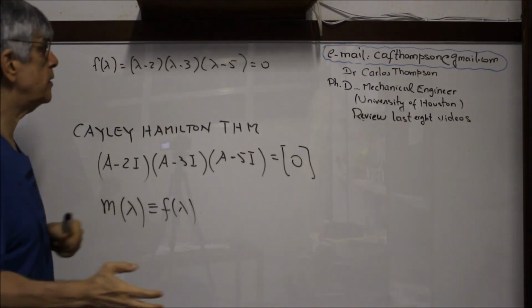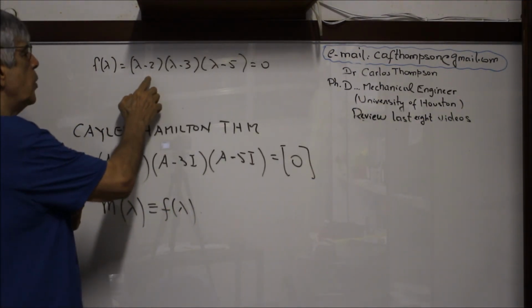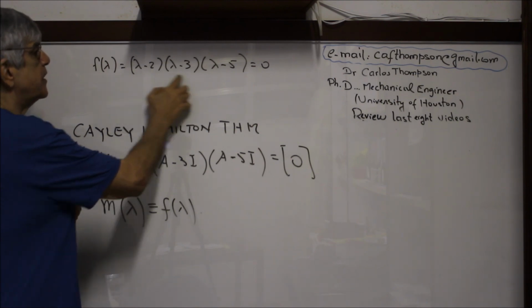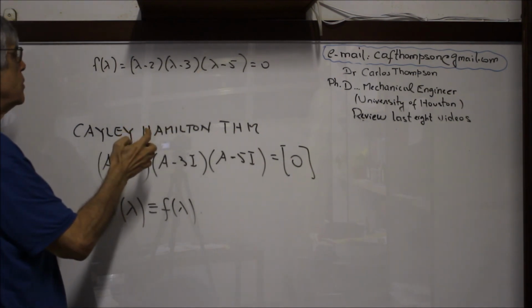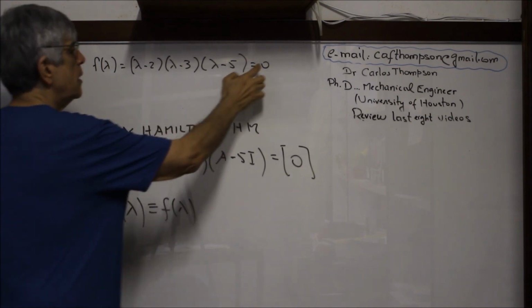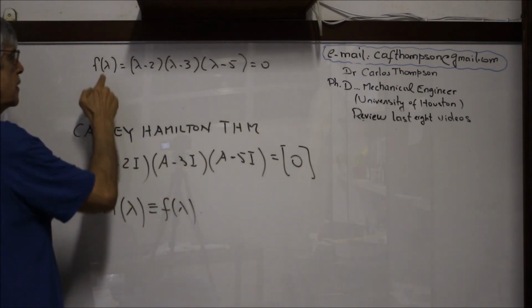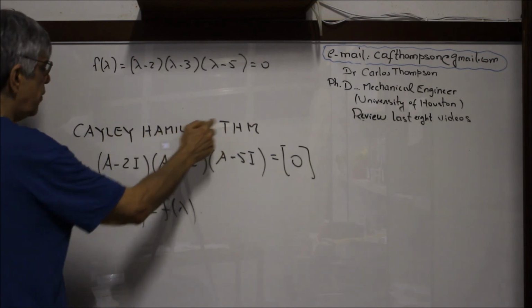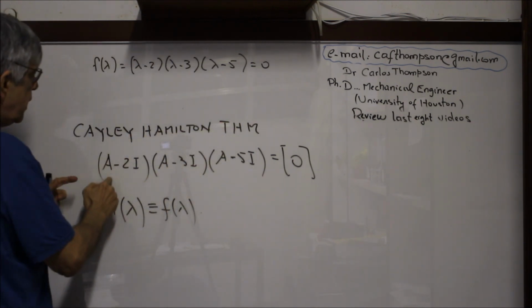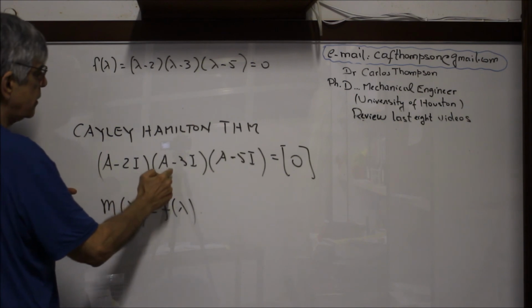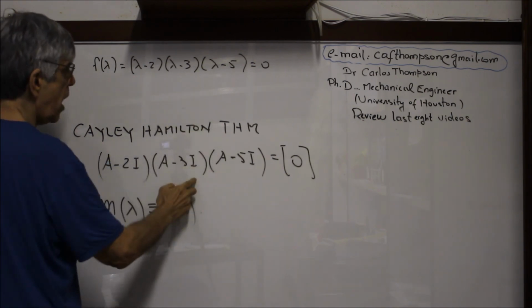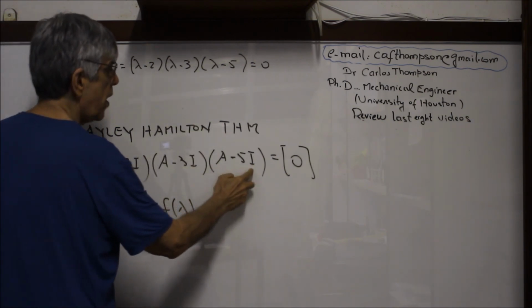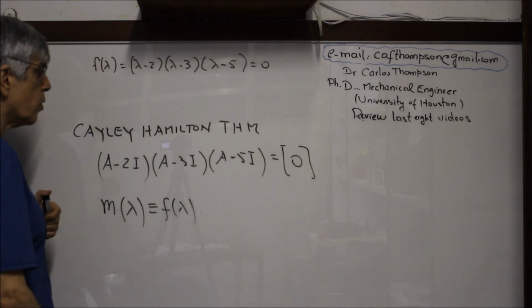So in this case, when we have distinct eigenvalues, f of lambda is 0. This is the characteristic polynomial. Cayley-Hamilton, the theorem, is A minus 2I times A minus 3I times A minus 5I is the zero matrix.